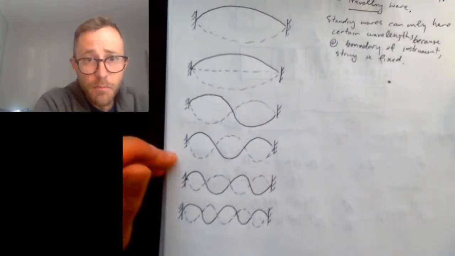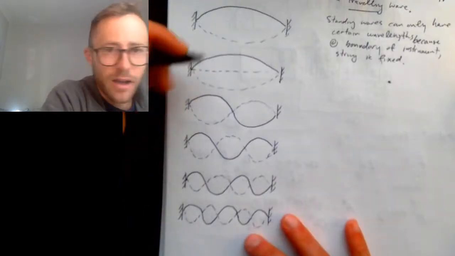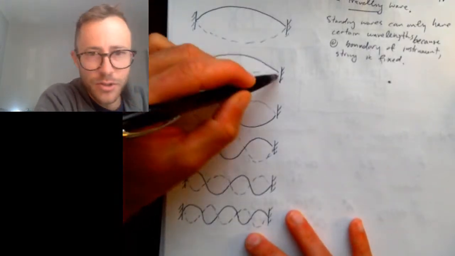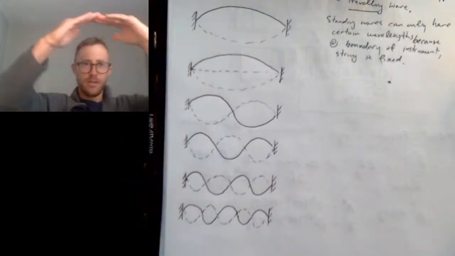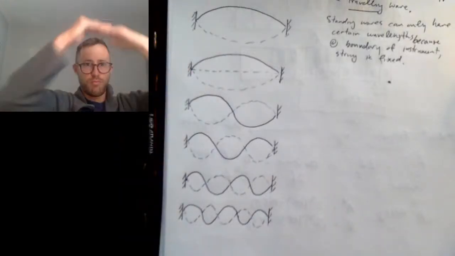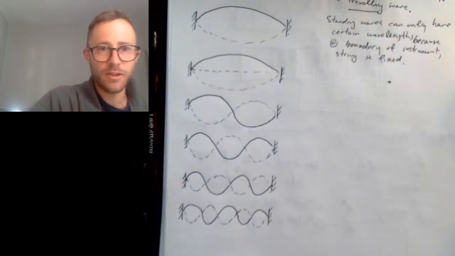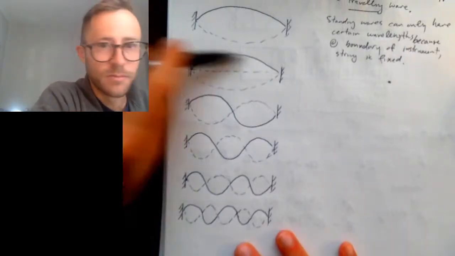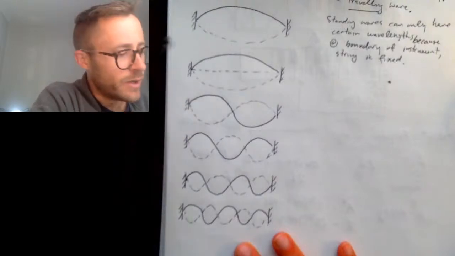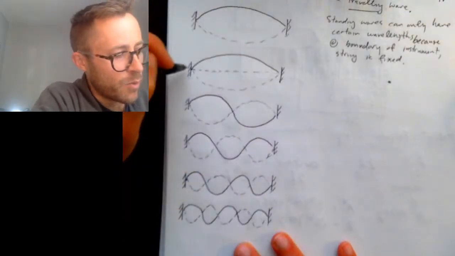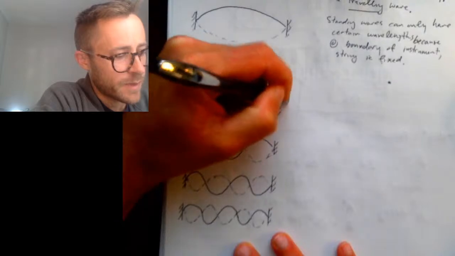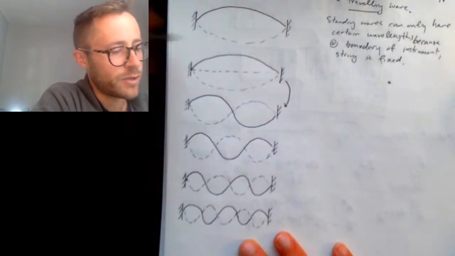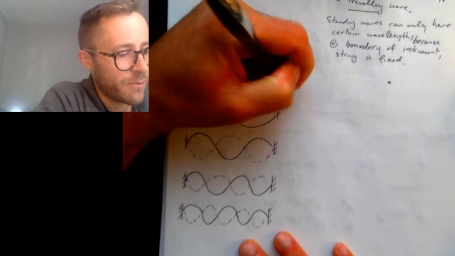Okay, we can see. I like to think about this vibration of the string as like a football. To me, that looks like a football. So if we go from one picture to the next, basically we add a football.